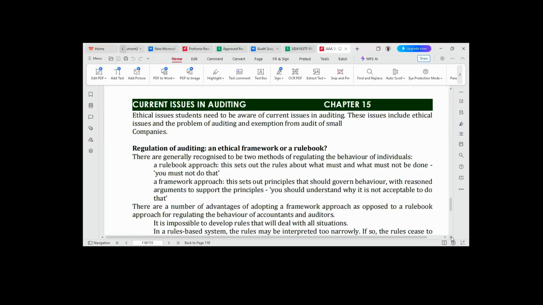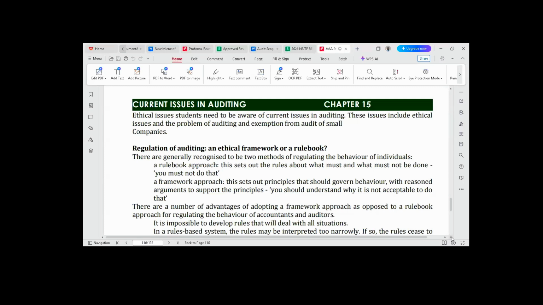The first we want to look at under this chapter is regulation of auditing, an ethical framework or a rule book. So what this means is that if you look at audit and assurance services, there are two approaches that you can use. What are the two approaches? Either you use an ethical framework or you use a rule book approach. What do you mean by ethical framework?